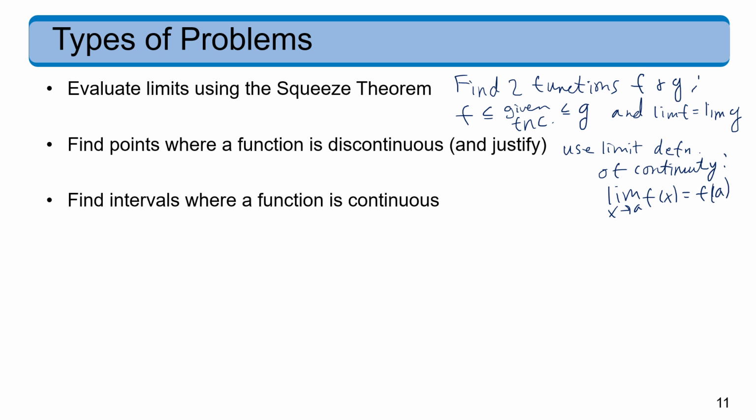Now a related problem is to find the intervals where a function is continuous. Notice here it says intervals rather than points. Continuous over an interval means it's continuous at every single point in that interval. So here you have to think more broadly.